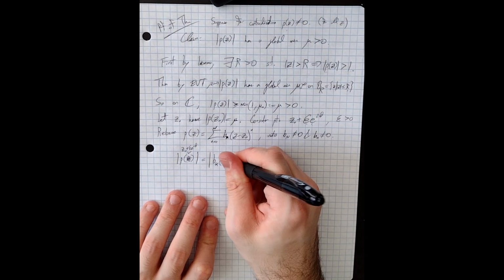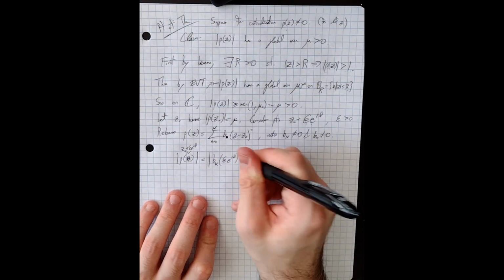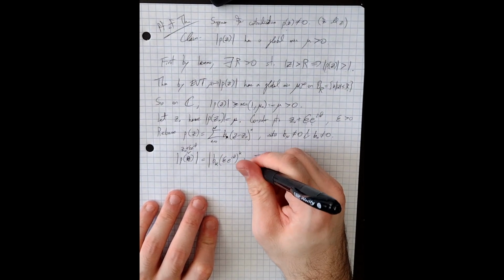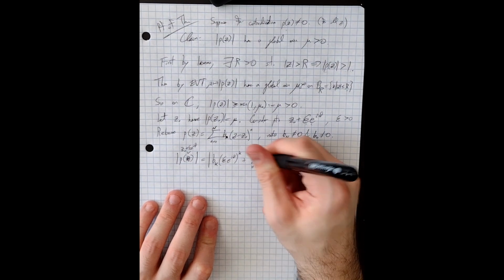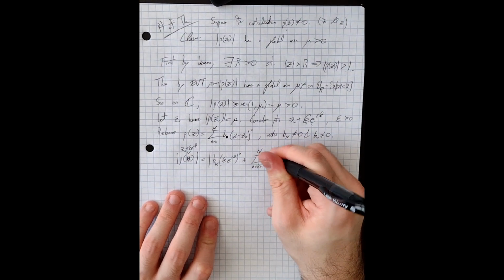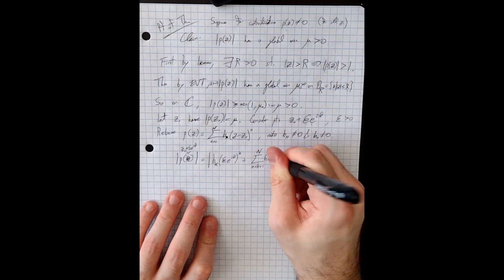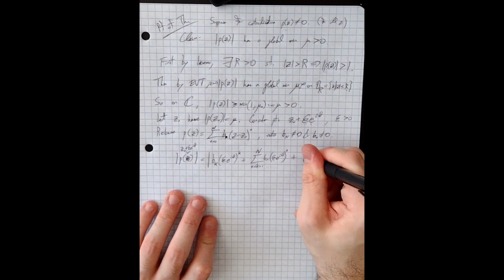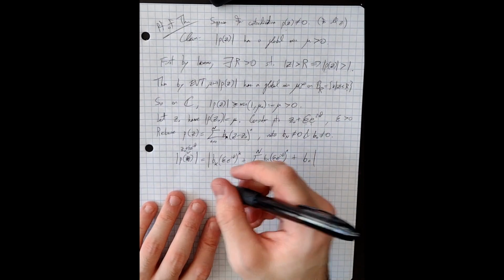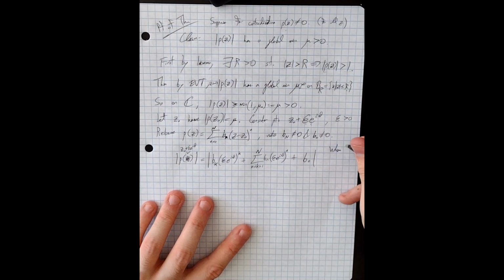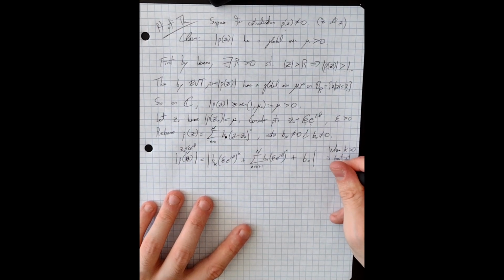So we get epsilon e to the i theta to the k. Then we get the rest. And then we get b naught. And this is where k greater than 0 is least, such that b sub k is non-zero.